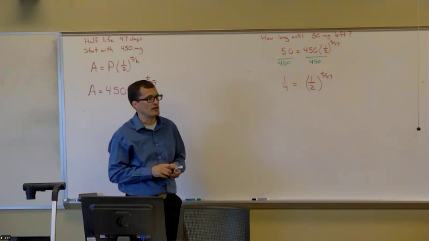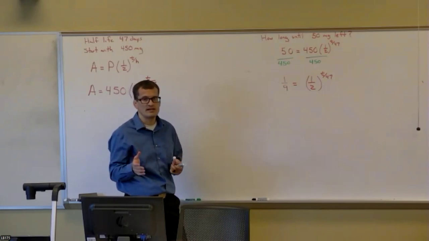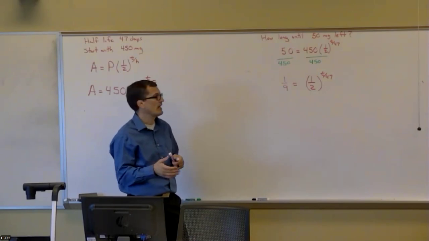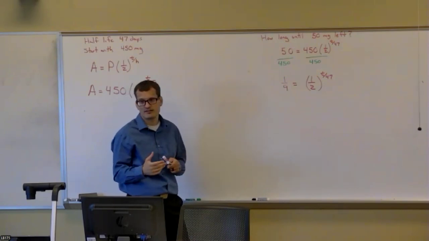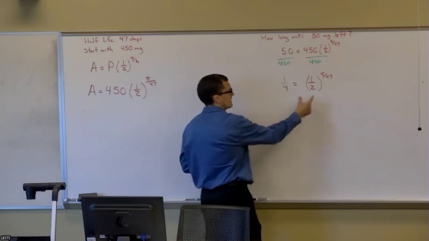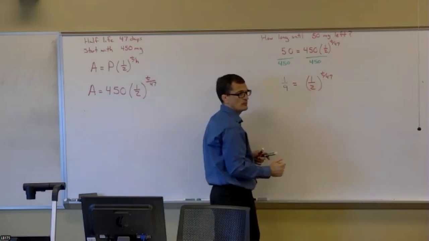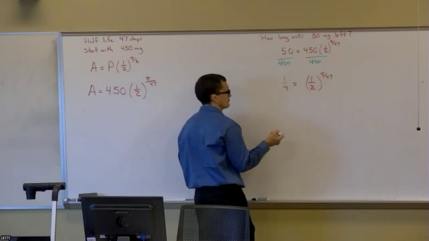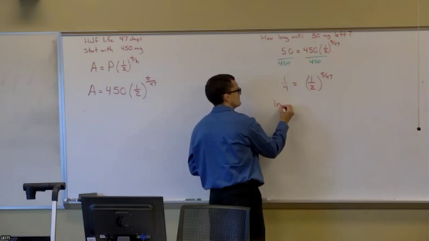And then you can do whichever option you like, apply natural log to both sides or apply log base 1/2 to both sides. Right, we want to get this exponent, so we're going to do log base 1/2 or natural log. I'll do natural log to both sides.